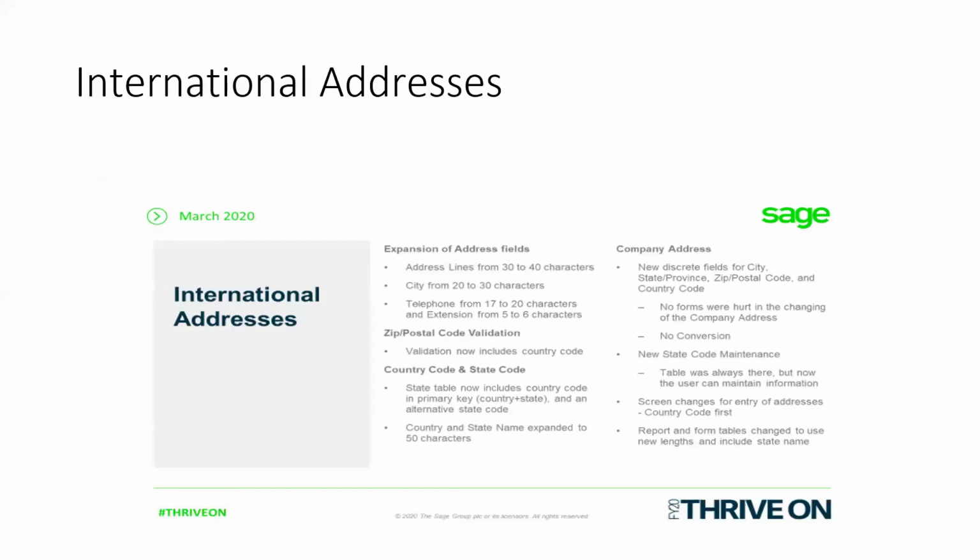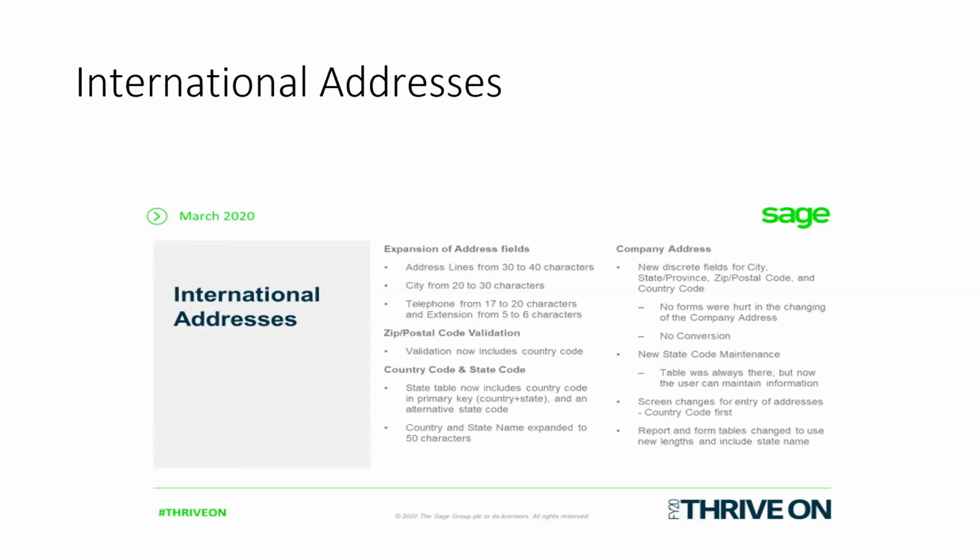Some of the things that are included is the addition of being able to have international addresses in your Sage 100. That's something that people have been asking for a very long time, and that has been added.